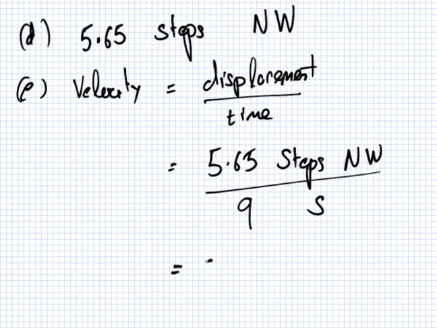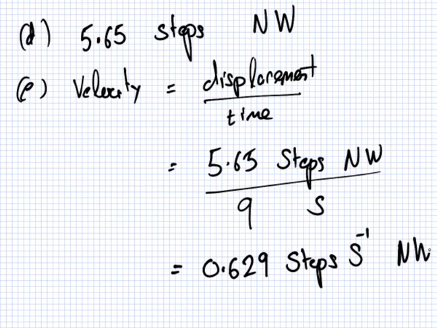So he goes 1, 2, 3, 4, 5 north. What is the distance for each step? It doesn't matter because the distance unit is steps. 5 steps west. Is that 5?